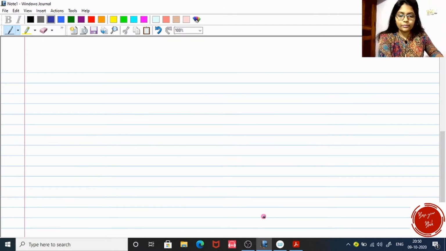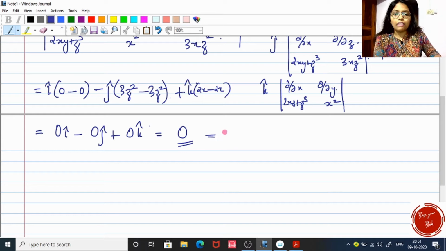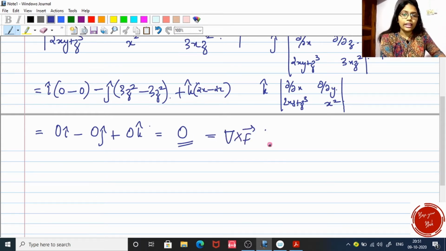So again we will simply get 0i minus, 3z square minus 3z square, it is 0j plus 2x minus 2x is 0k cap. This answer is 0, which means our del cross F is equal to 0, hence F is a conservative field.